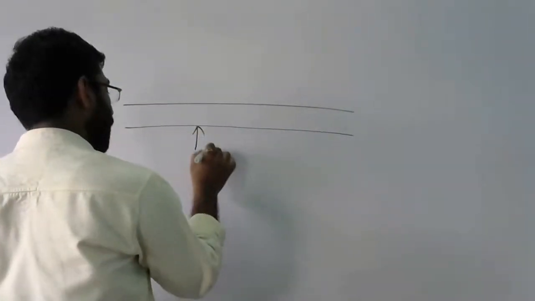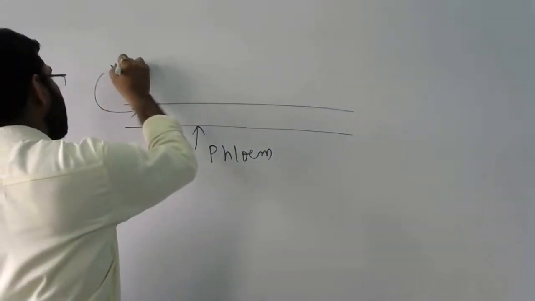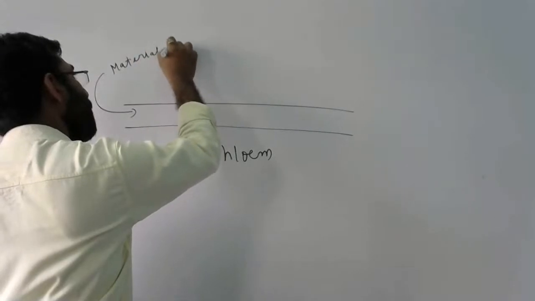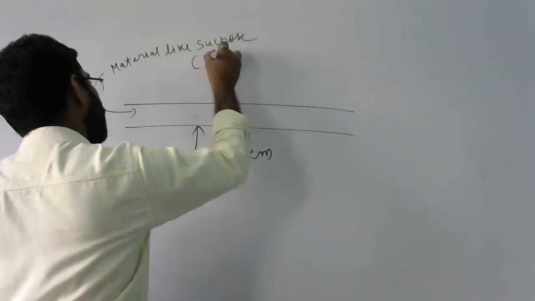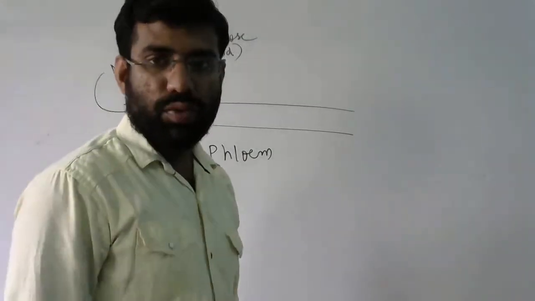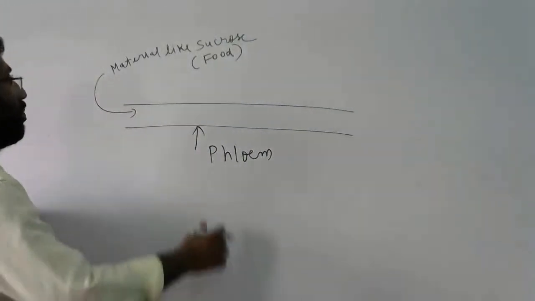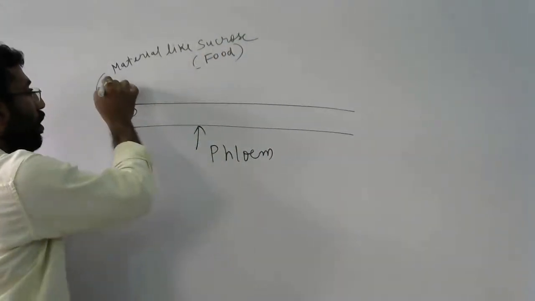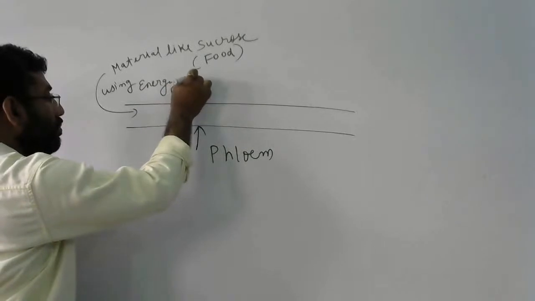Basically, imagine this is your phloem and materials like sucrose. What is sucrose? Basically, sucrose is food. Formula C12H22O11. Just remember this: sucrose, the food, is transferred to the phloem using energy from ATP.